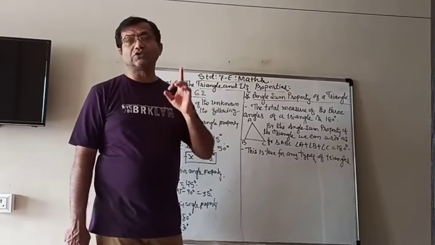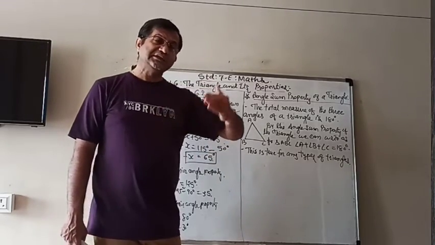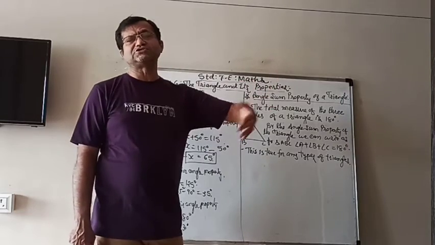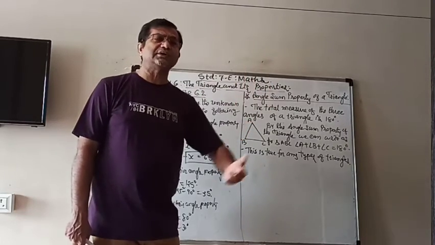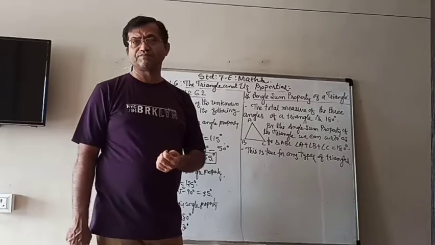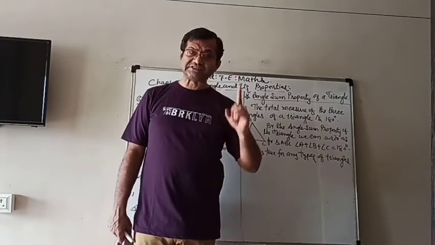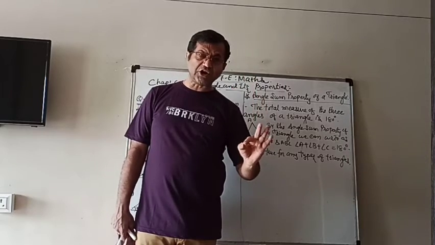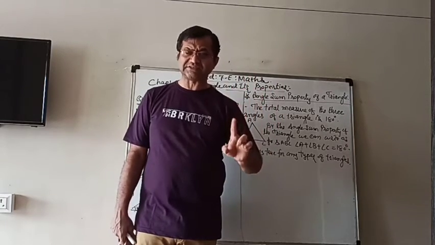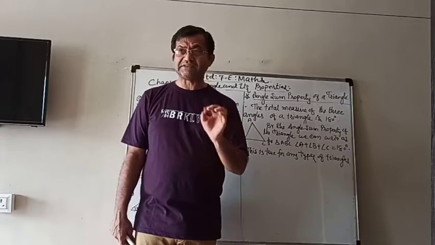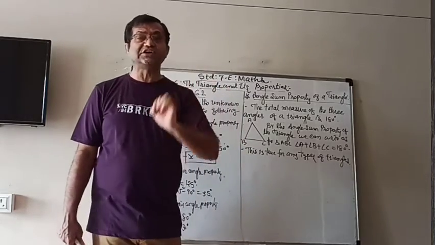And you have to remember this because it will be used so many times in your future in mathematics. So keep it in mind that the sum of measure of all the three angles of a triangle is 180 degree.